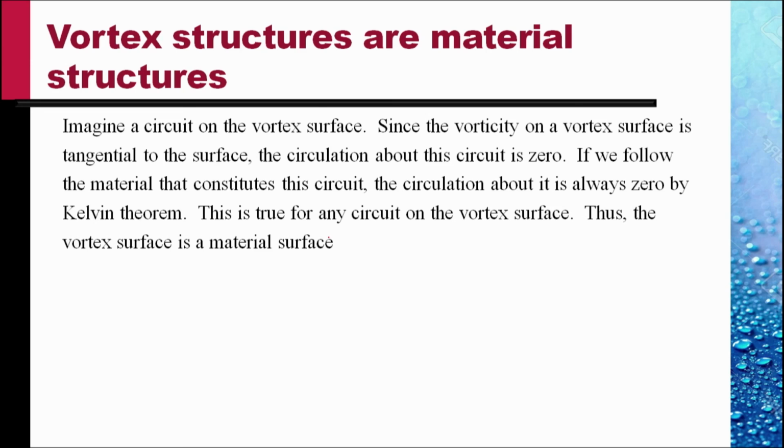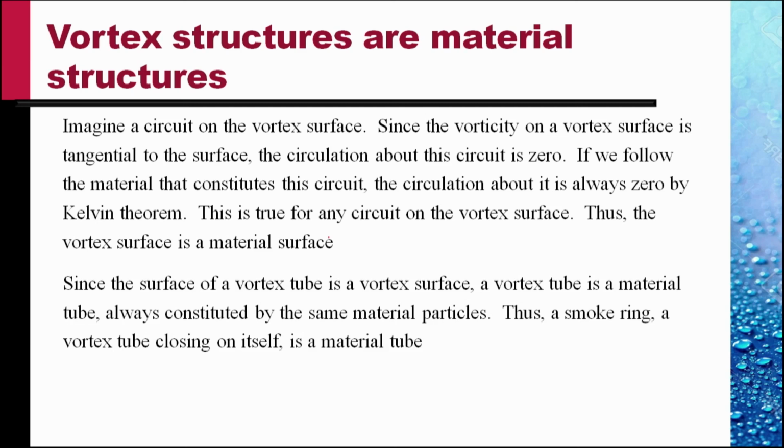This is true for any circuit on the vortex surface. Thus, the vortex surface is a material surface. So whatever is a vortex surface once will always be a vortex surface in any rotational flow.